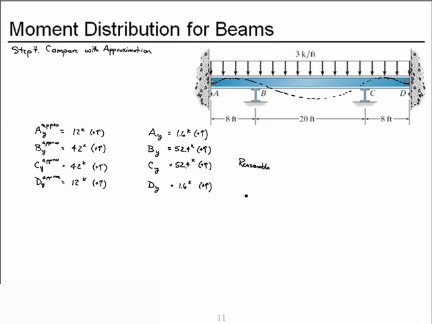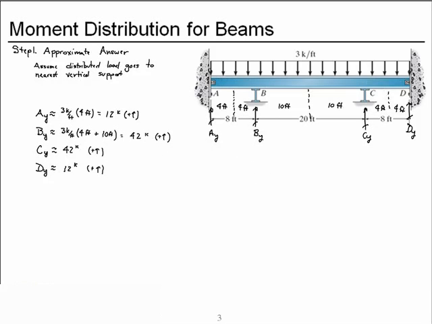So when we consider the elastic curve for our beam, the differences between our moment distribution results and our approximate results seem acceptable, and so we'll say we have reasonably predicted the vertical reactions of our indeterminate beam using moment distribution. Now let's go back and review the process we took to get here.